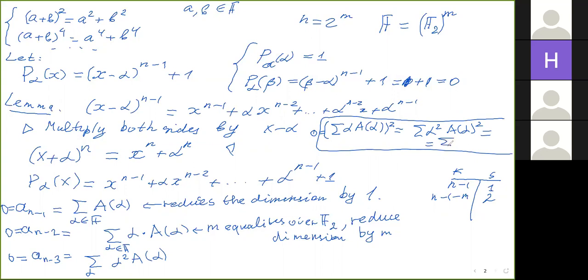So this is the same as the sum of alpha squared, A of alpha. So actually, this equality implies this one. So they are dependent. And that means that for S equal to 3, we actually have the same dimension and not less.